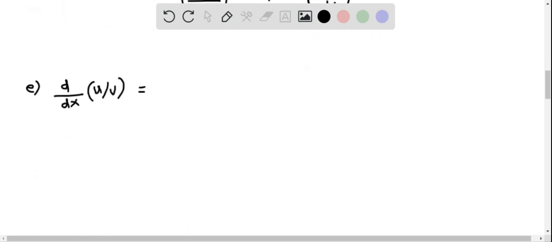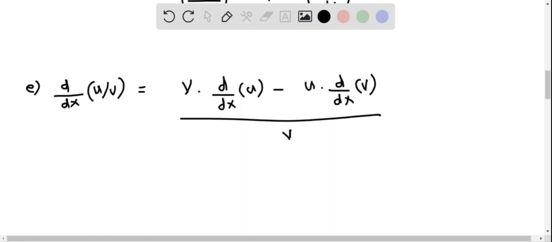Now let's do part E. This is basically a quotient rule. So first we take the denominator, that is v, and multiply with the differentiation of u. And then we subtract. Now we take u and then multiply with the differentiation of v, that is d by dx of v, all over v squared. Let's write this in simplified form.